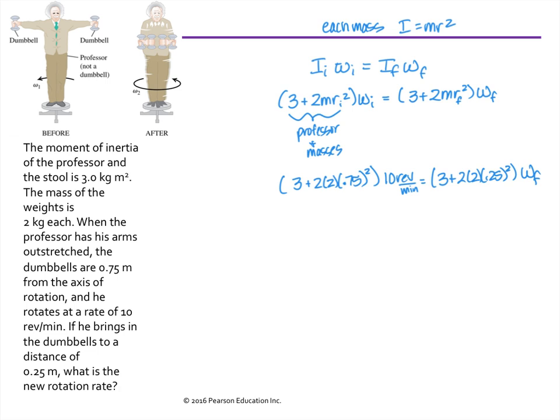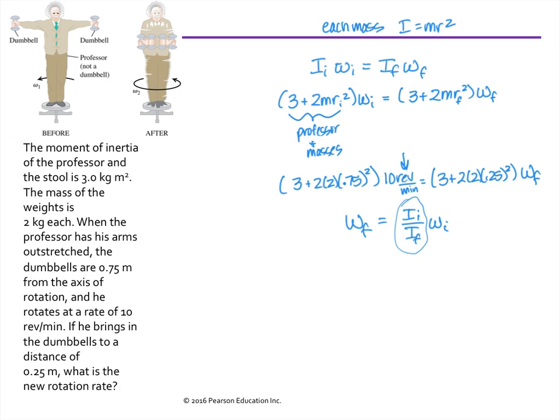Now here you might notice I didn't address the units of omega. The reason is that when I rearrange this, omega final will look like the first moment of inertia divided by the final moment of inertia times the initial angular velocity. So this is just going to end up to be a number without units, because it's the moment of inertia divided by the moment of inertia, it won't have any units.